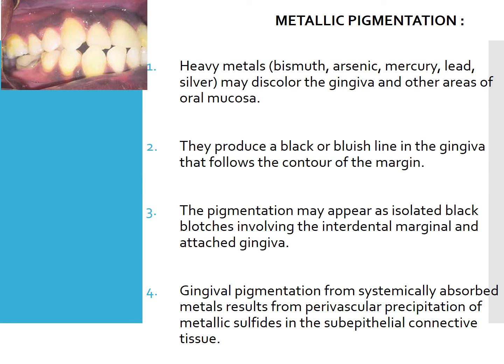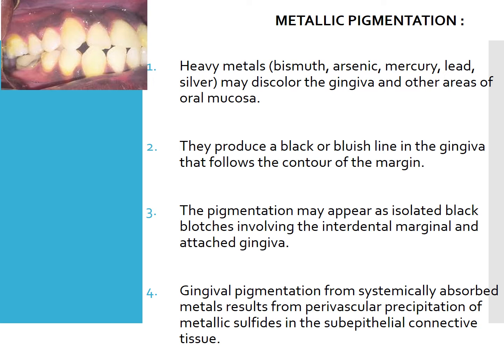Coming to metallic pigmentation, heavy metals like bismuth, arsenic, mercury and lead may discolor the gingiva or oral mucosa. Usually this produces a black or bluish line in the gingiva that follows the contour of the margin. This pigmentation can be isolated black blotches involving the interdental, marginal and attached gingiva.